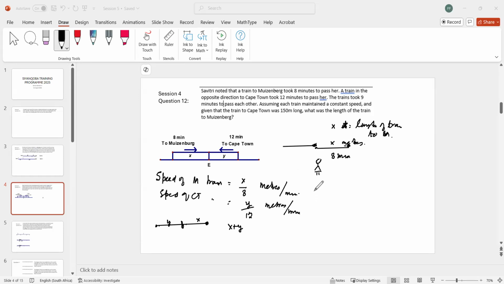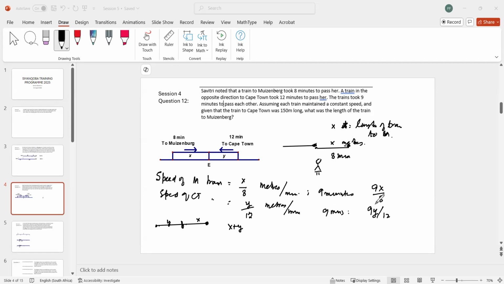All right, so let's do it this way. This train travels at x over 8 meters per minute. So in 9 minutes, it will travel 9x over 8. Likewise, the Cape Town train travels y over 12 meters in 1 minute. So in 9 minutes, it will travel 9y over 12.